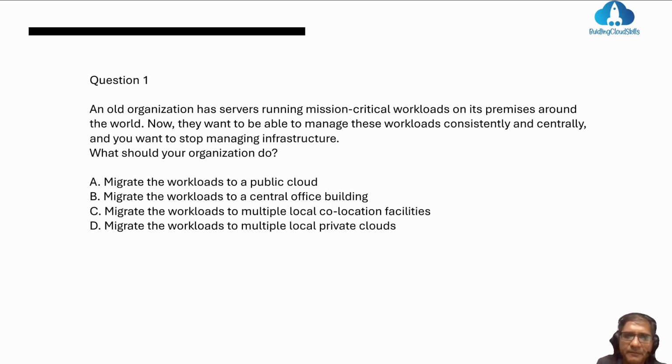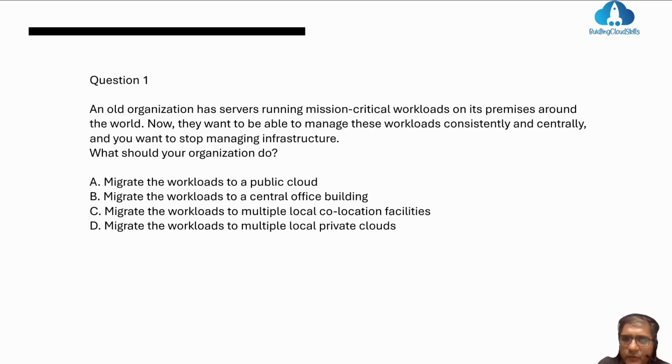Option A, migrate the workloads to a public cloud. Option B, migrate the workloads to a central office building. Option C, migrate workloads to multiple local co-location facilities. Option D, migrate the workloads to multiple local private clouds.